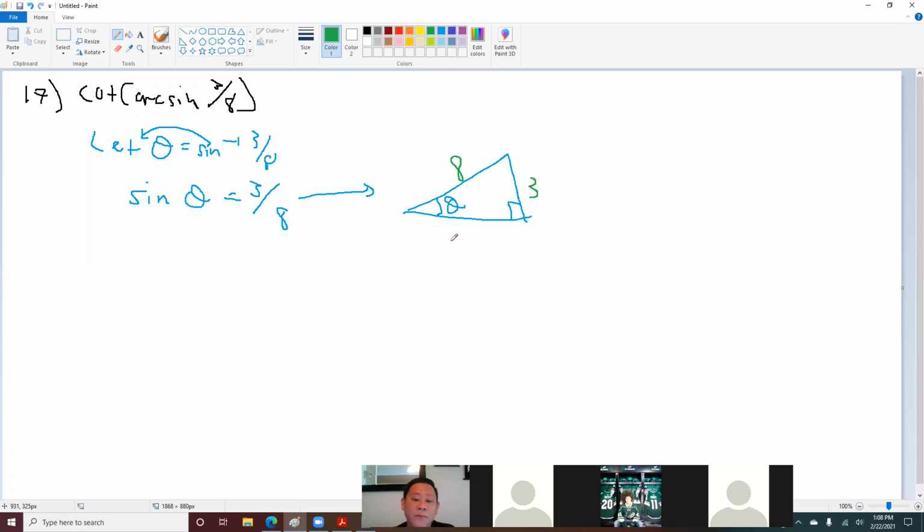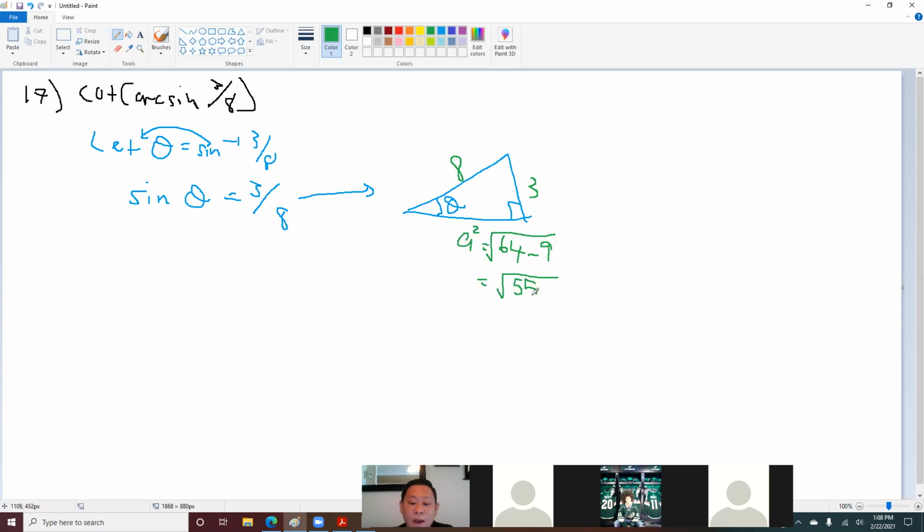Now we need to find your adjacent. How do you find your adjacent? You have to use your Pythagorean theorem, which is what? A squared plus B squared equals C squared. So C squared will be 64, minus B squared, which is 9. Anyone know what is 64 minus 9? 55.